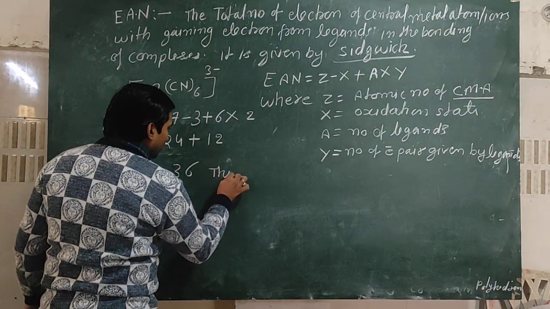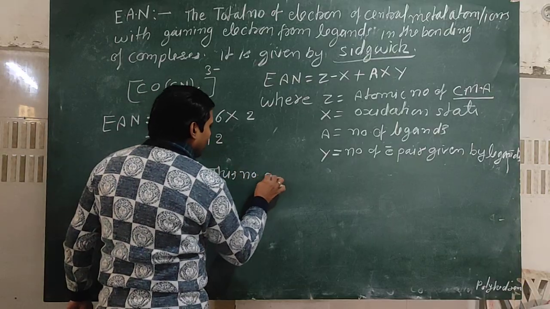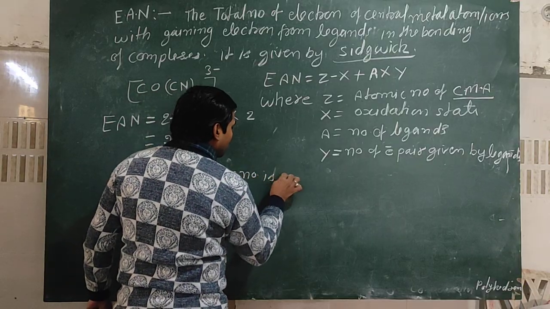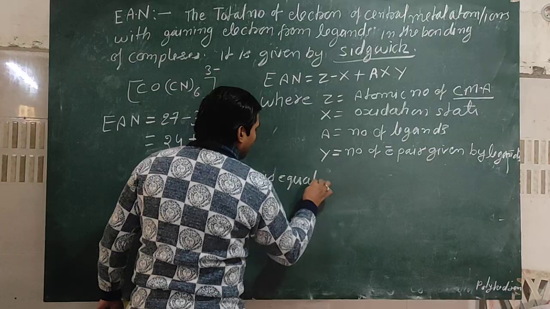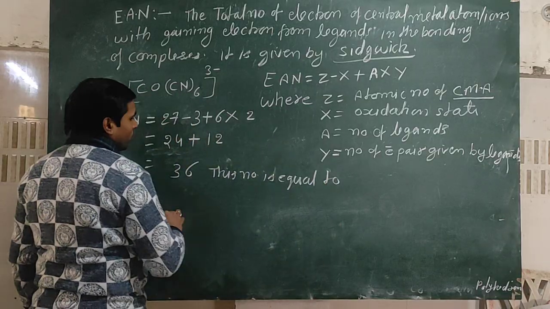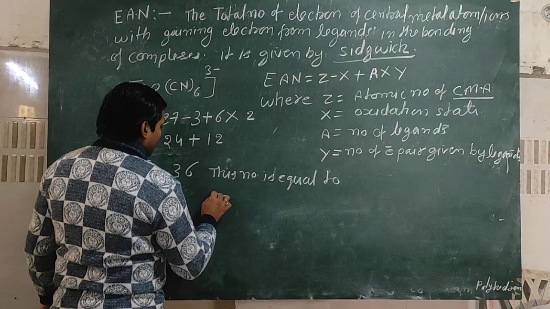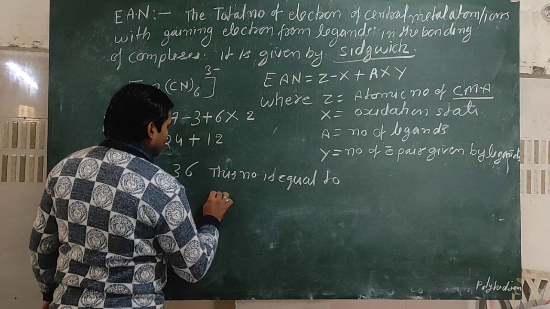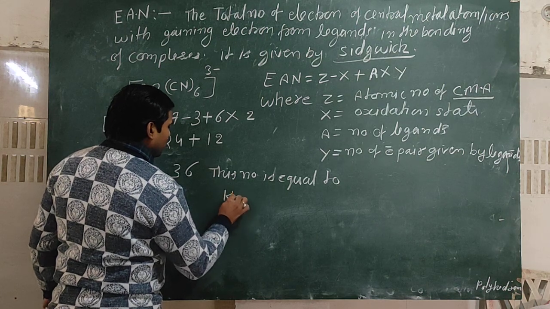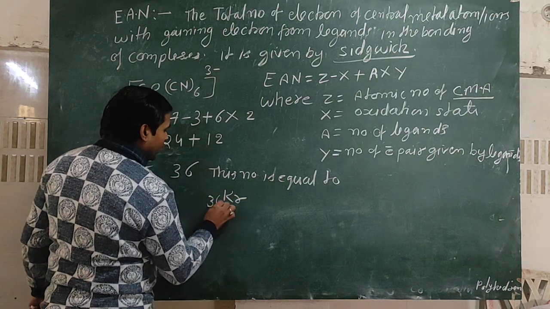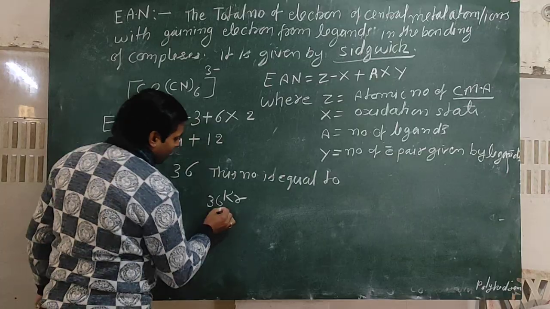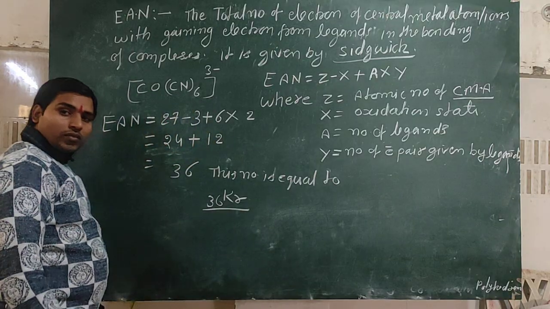This number is the atomic number of krypton, and krypton is an inert gas.